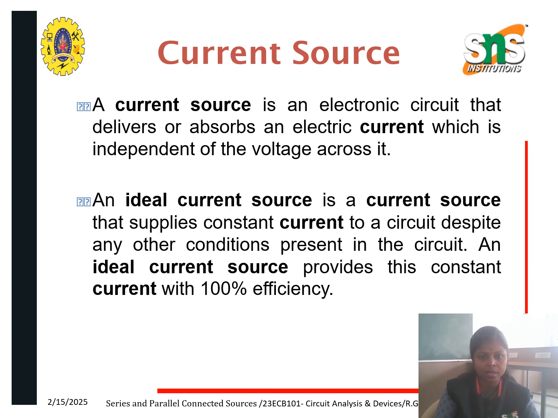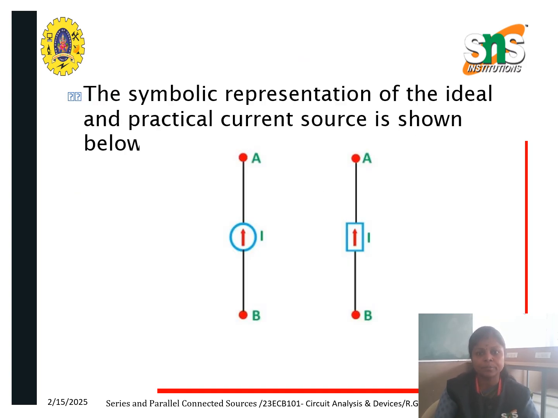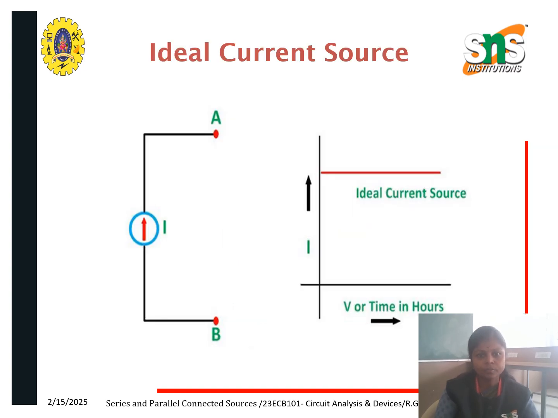An ideal current source provides this constant current with 100% efficiency. The symbolic representation of ideal and practical current source is shown below. The first one represents ideal and the second one represents practical source. The ideal current source has a constant current irrespective of voltage or time.